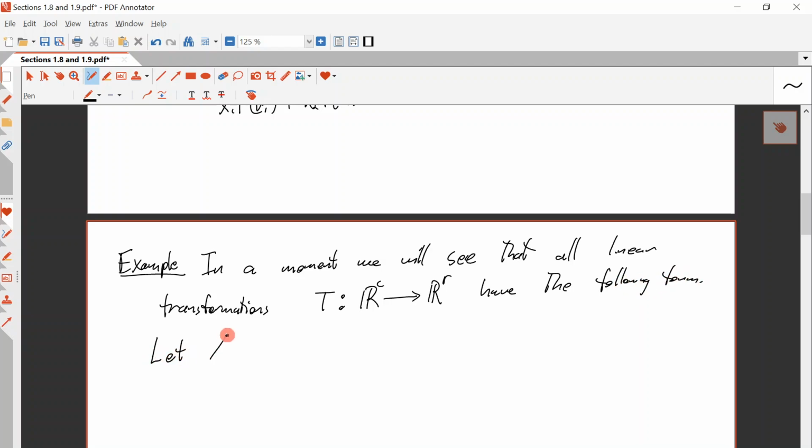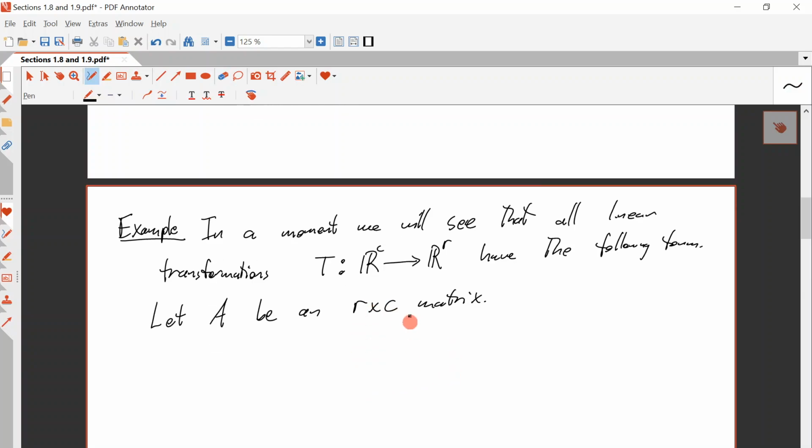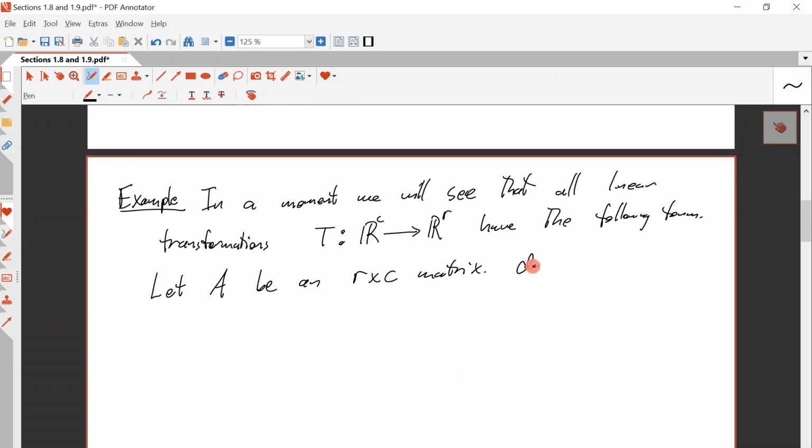Let A be an r by c matrix. In other words, A has r rows and c columns. Define T sub A from R^c to R^r.